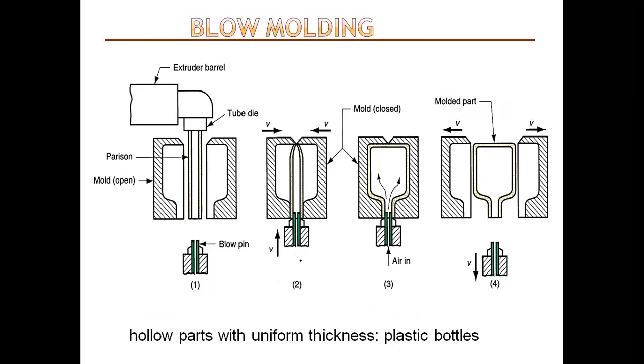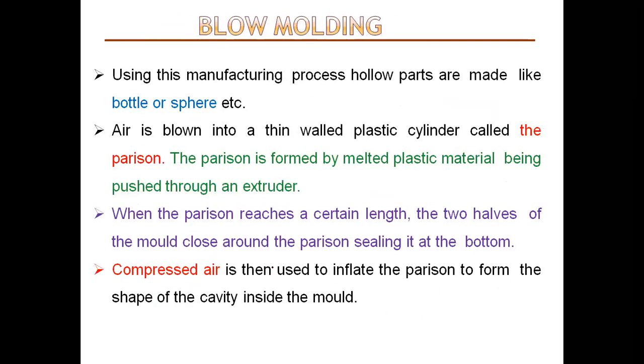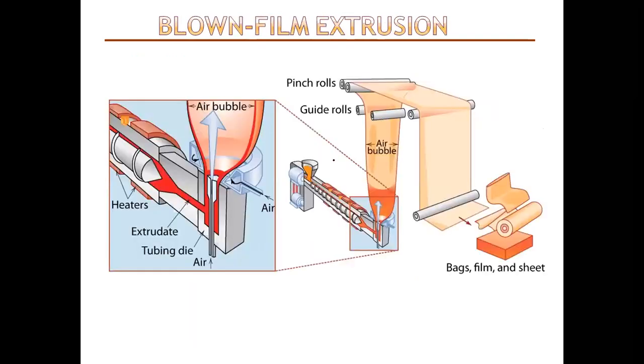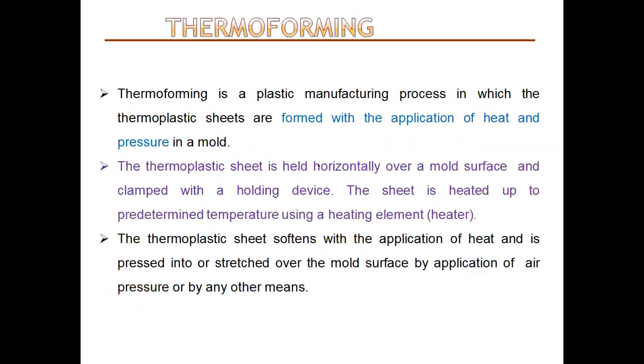Next, we have seen blow molding, the steps for blow molding, and its advantages, disadvantages, and applications. And also, we have seen blown film extrusion. So today we are going to see thermoforming.